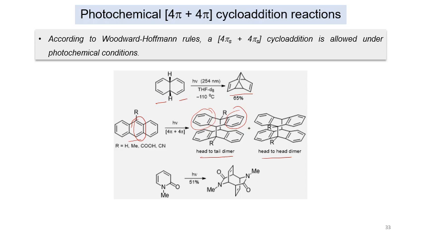We will also see how anthracene behaves like a diene in the Diels-Alder 4 plus 2 cycloadditions. This is a pyridone system. So you can see here the 4 pi system can undergo a dimerization with another molecule to give you this kind of a C2 symmetric molecule by a 4 plus 4 cycloaddition.